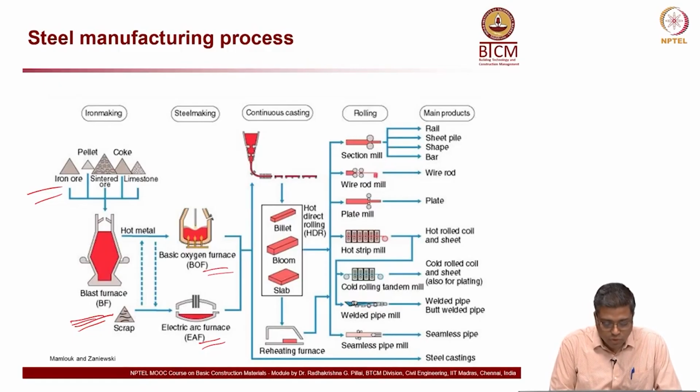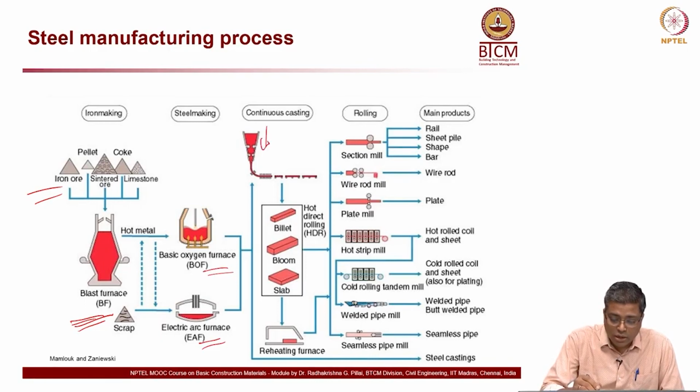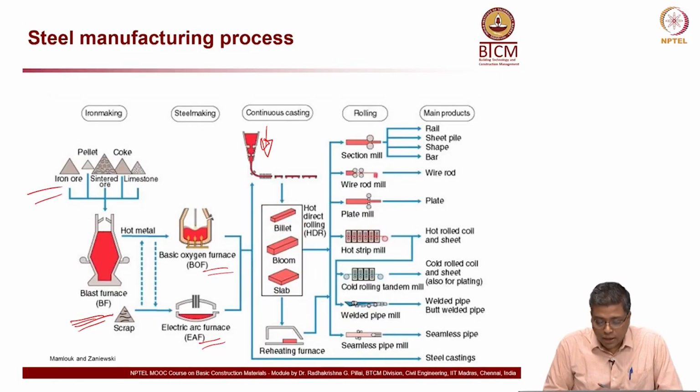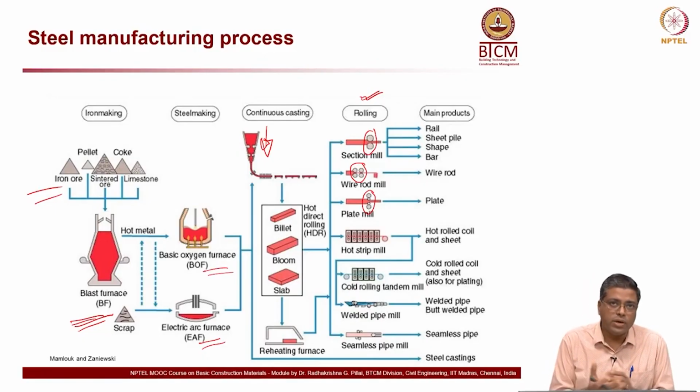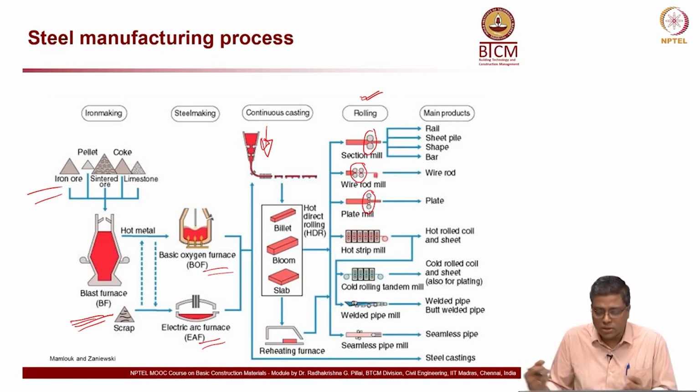Mostly now people are going for the electric arc furnace, and then the molten material is put through a mechanical shape or dies, and it gets into these shapes, either a billet or a bloom or a slab. And then after that it is passed through some dies where we call it rolling. You can see these are rotating wheels here. There are different manufacturing processes. There are some cases where the wheels are rotating, and then there are some cases where it is extruded.